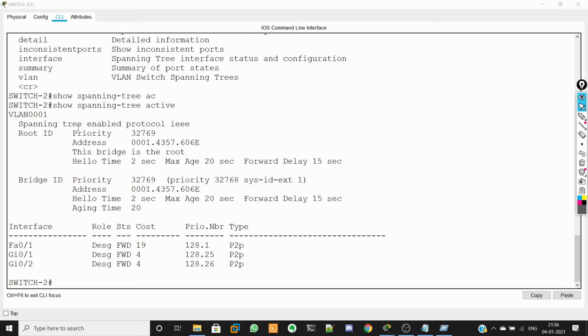You can see here the switch T2 is the root, it has the priority value, also the MAC address, and its bridge ID, its own bridge ID. So both the MAC address and the priorities are the same. This means this particular switch is the root.